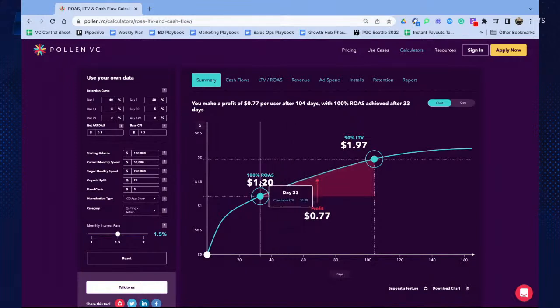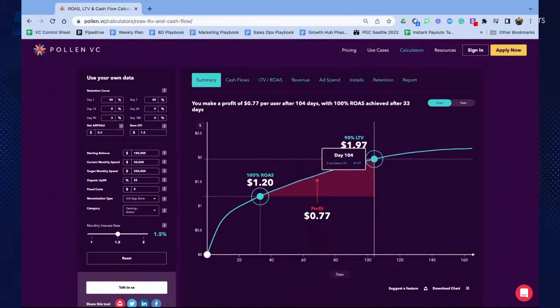Based on this profile, we're looking at investing $1.20 and breaking even around day 33. So pretty short. And then after that, we start making a profit until we get to an LTV number of $1.97 after 104 days.